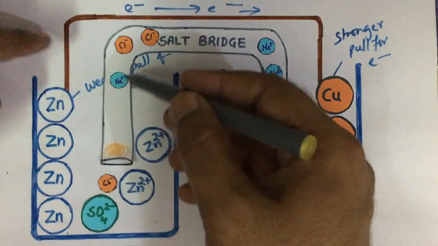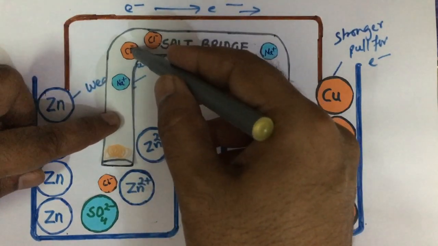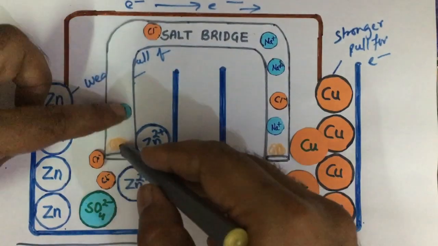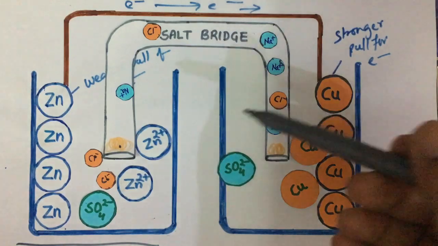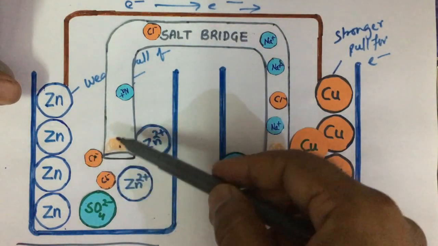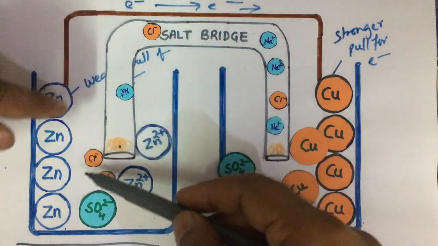So the negative ions, chloride ions, start flowing and they come to this side which is deficient in negative charge. To neutralize the buildup of positive charge, the negative charge flows from the salt bridge to the oxidation half.